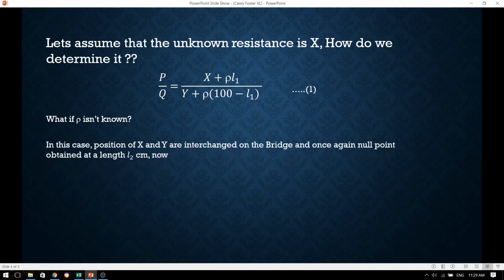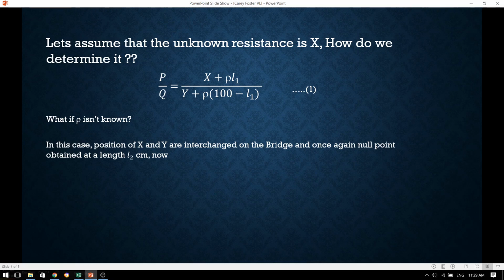In this situation, we interchange the positions of X and Y on the bridge. Remember, X was in gap 1 and Y was in gap 4. We will swap the positions, which means X will now go to gap number 4 and Y will come to gap number 1. Using this setup, once again we find the null point.